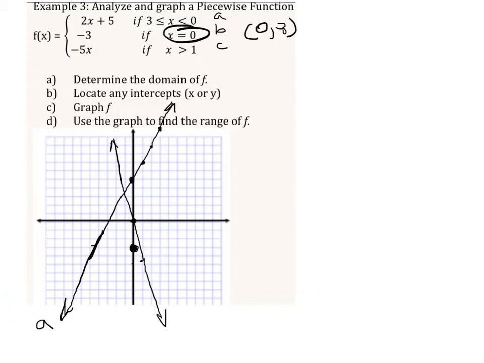And again, this part of our graph only works when x is greater than 1. So we need to erase all of this stuff. Open dot, and there you go. And then we have a graph over here that only works between 0 and 3.